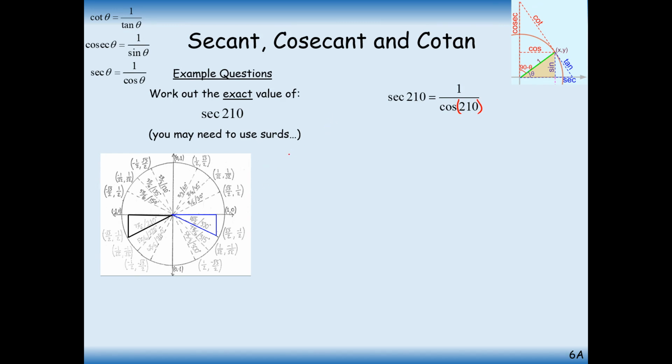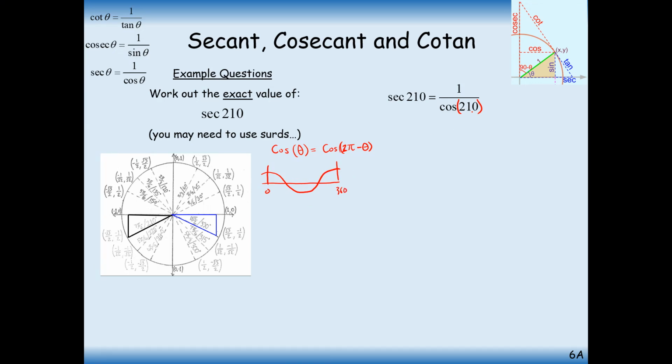But briefly, just to discuss a few identities, cos of any angle is the same as cos of 2 pi or 360 subtracting that angle. So the complement of the angle, because the cos curve goes something like so from 0 degrees to 360 degrees.